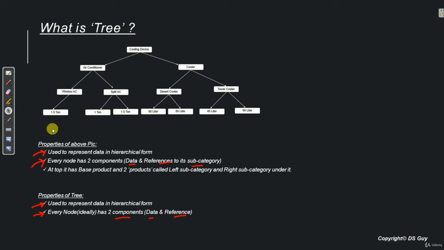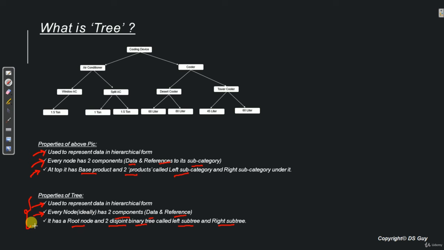Now the last property of a tree data structure is that it has a root node and two disjoint binary trees called left subtree and right subtree, which is again very similar to property number 3 of the picture, where we had a base product and two products under each of the category. Fine. So now we have seen what is the property of a tree data structure.